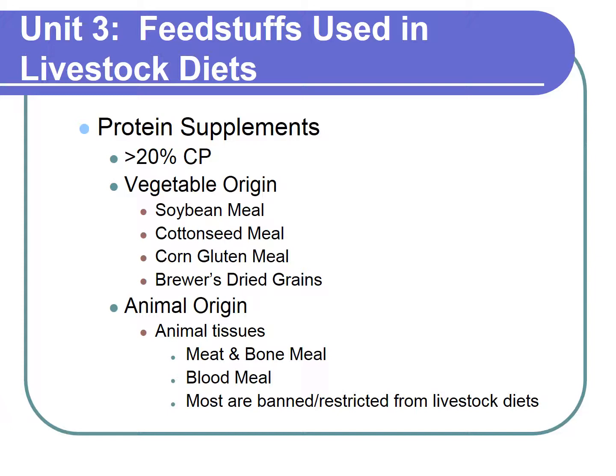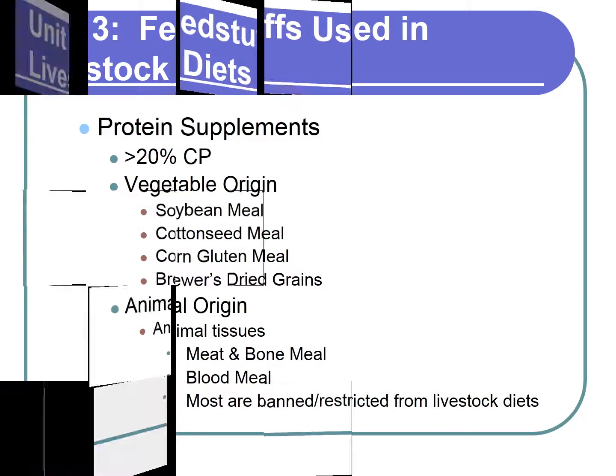So it's important most of the time, if you want to maximize productivity, to have a blend of both of them and understand that each one brings a very different amino acid profile. Different in terms of digestibility, different in terms of amino acids, and they're also, of course, different in terms of cost.